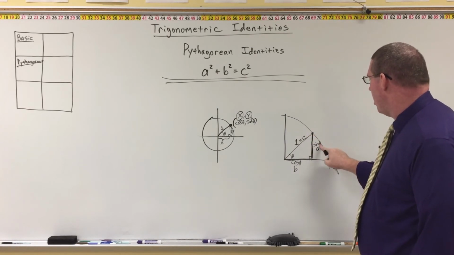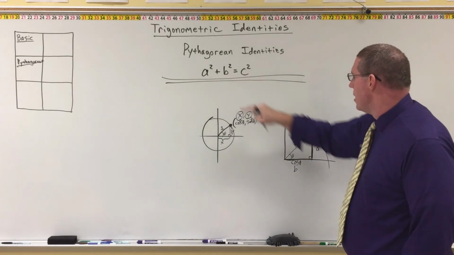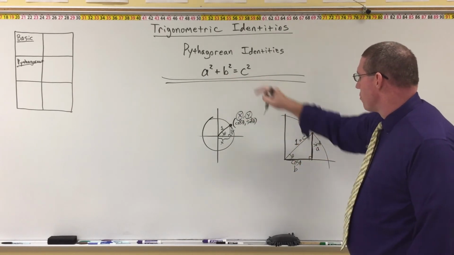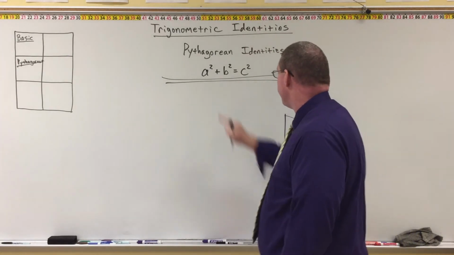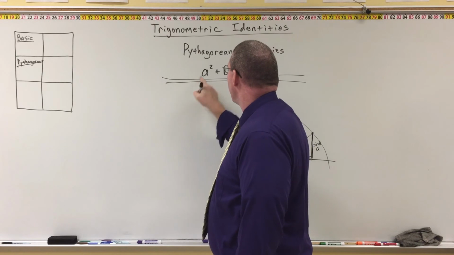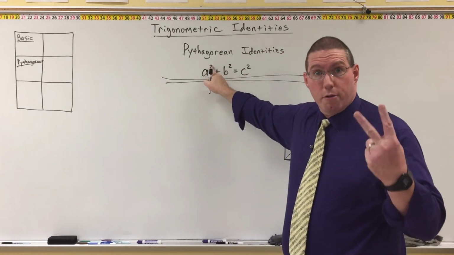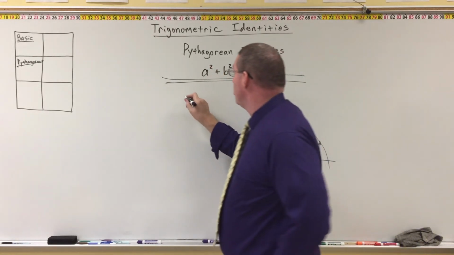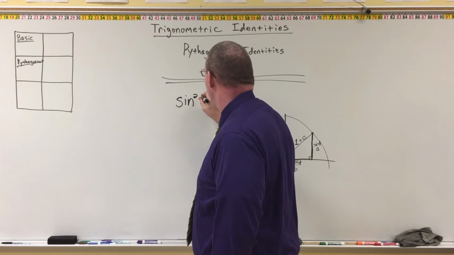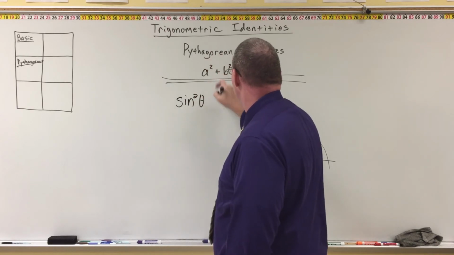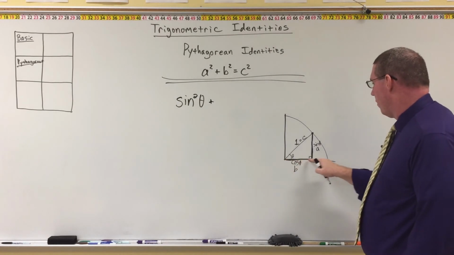So if we now plug sine in for A and cosine in for B and 1 in for C, this is what we get. We get the first Pythagorean identity. We get sine of theta times sine of theta, right? It's squared, so it's one of them times another, which becomes sine squared of theta plus cosine of theta, which is one of the other legs.